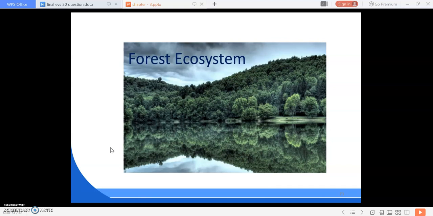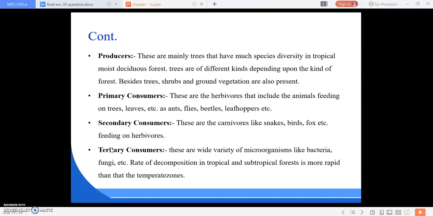These are a wide variety of microorganisms like Streptomyces, bacteria, and fungi, the species of Polyporus, Fusarium, Trichoderma, etc. The rate of decomposition in tropical and subtropical forest is more rapid than that in temperate ones. So this is our forest ecosystem.